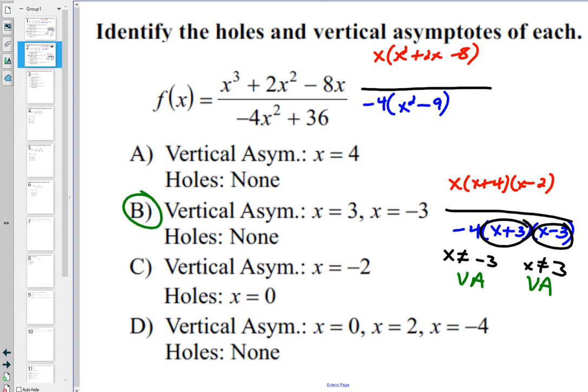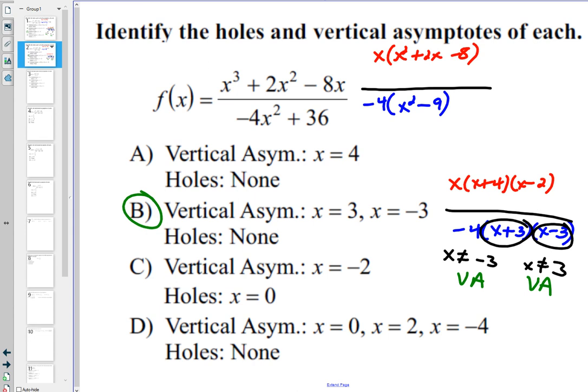Bonus question. Look, it's not even here, but why not? We might as well. If I were to graph this, would it cross the x-axis? Of course it would. Not only would it cross the x-axis, how many times would it cross the x-axis? Three times. It would cross the x-axis a total of 3 times.